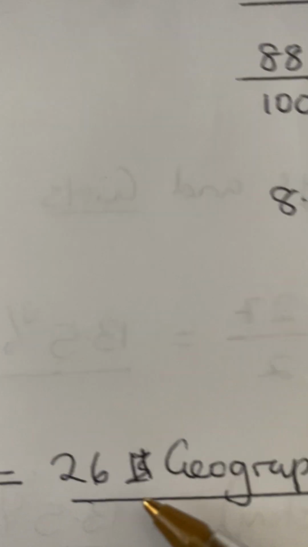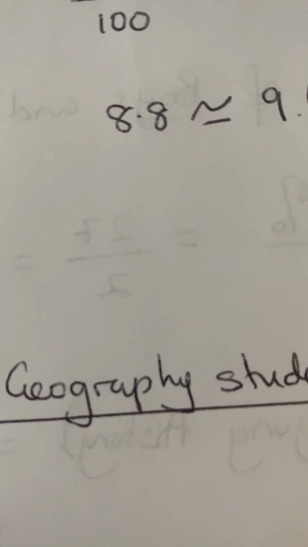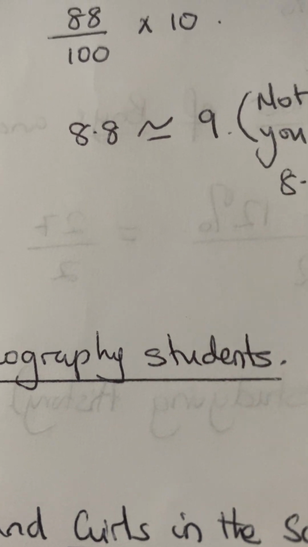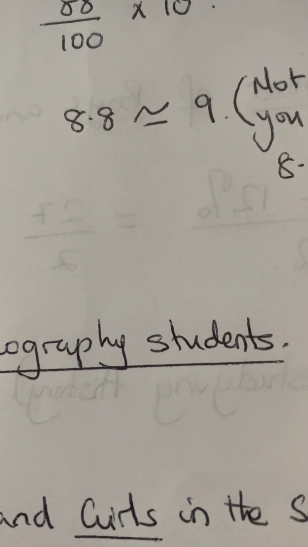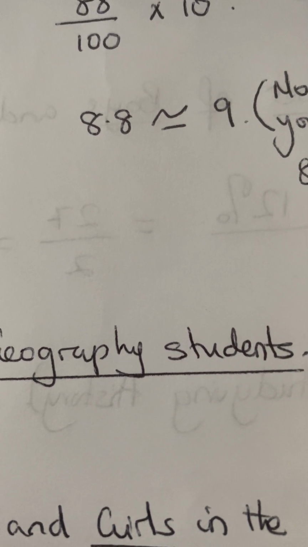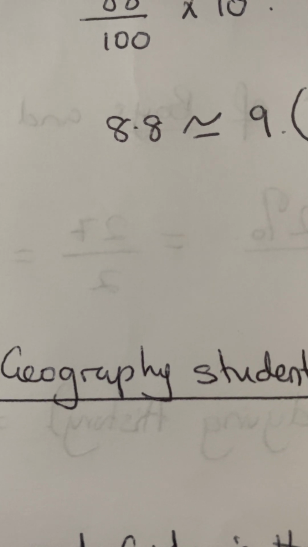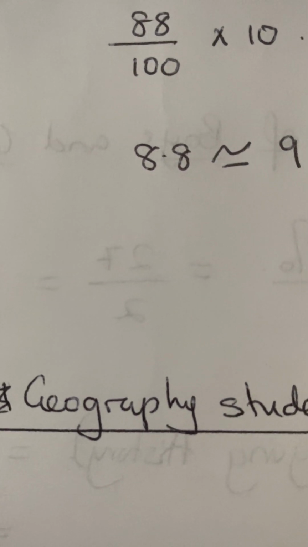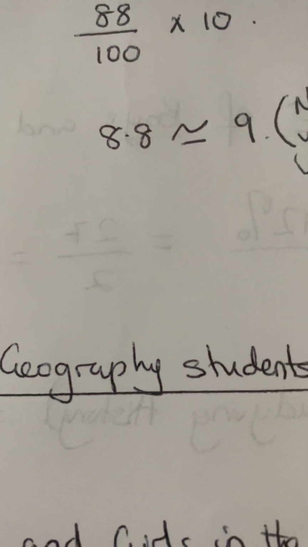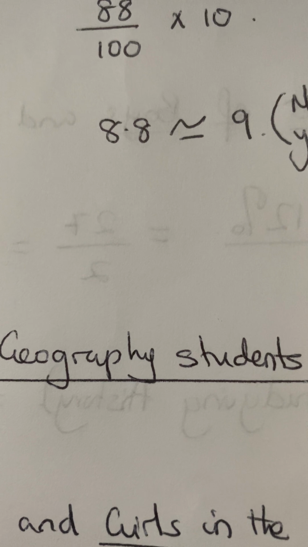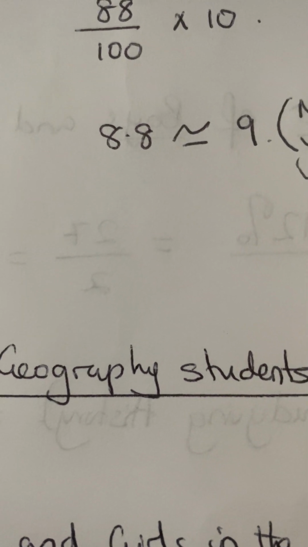When I add them up, it will become 26 geography students. Okay, so this is the first part. Whether they ask you a question using the history figures or the geography figures, this is how you should be able to think about it and solve it.